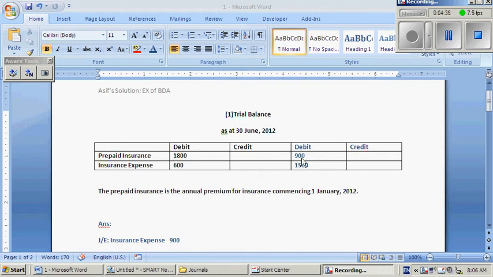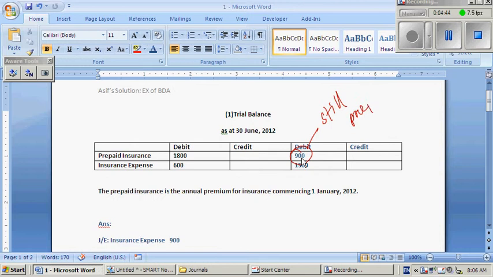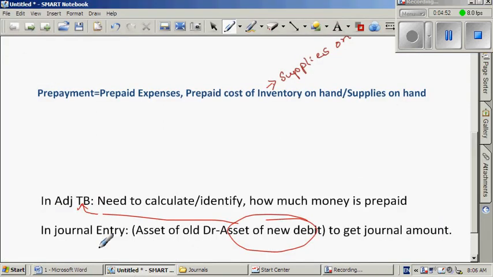Remember, $900 is still prepaid, still prepaid expenses. So why are you doing this? Just go here, that's your formula. You need to calculate and identify how much money is prepaid.